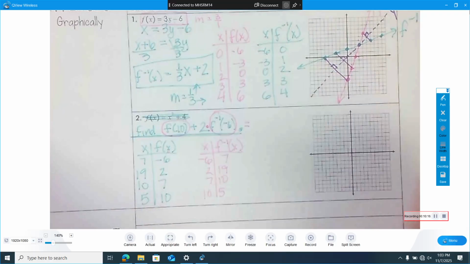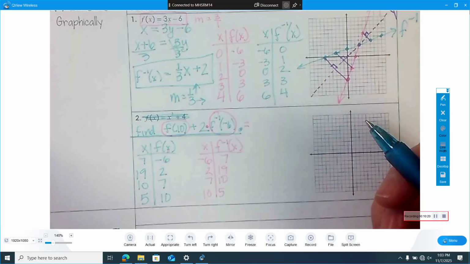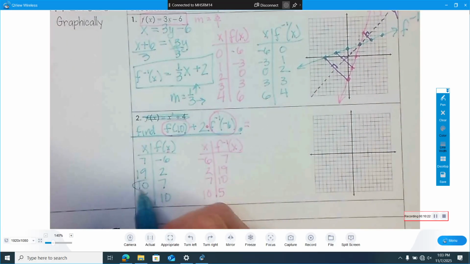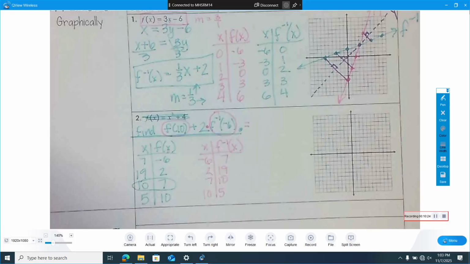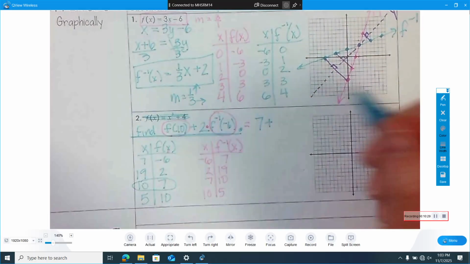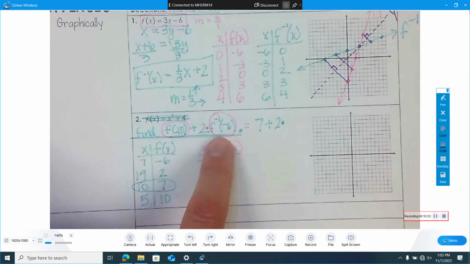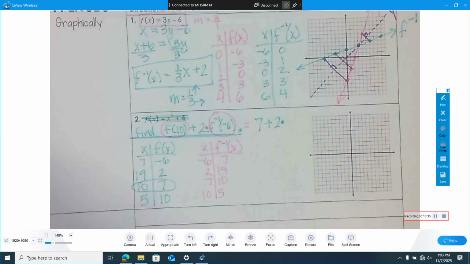Now we can figure out what it wants here. f(10) is 7, plus we want 2 times f inverse of negative 6. What does that mean?